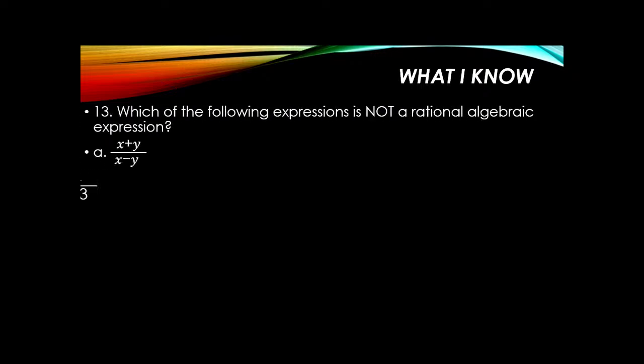Okay, number 13. Which of the following expression is not a rational algebraic expression? Letter A, x plus y all over x minus y. B, y squared plus 1 all over xy raised to the power of negative 3.